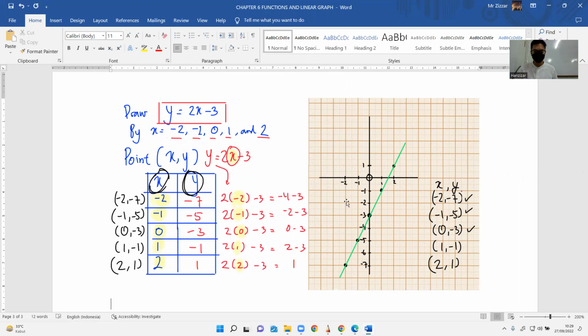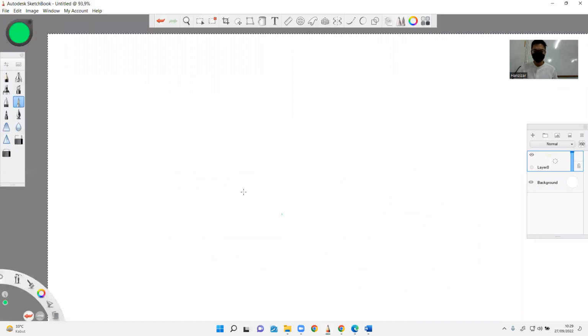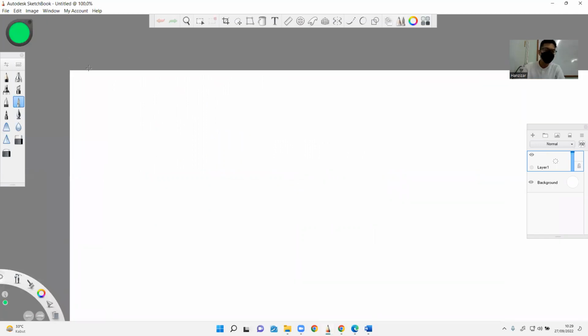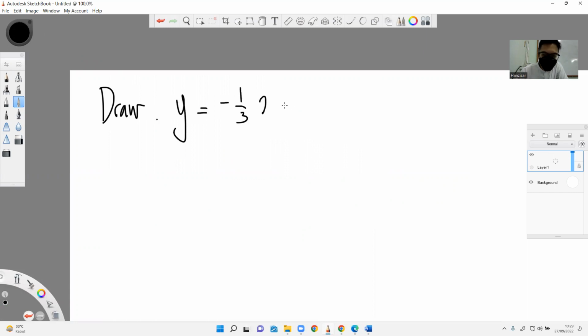Let's see another question. Okay, but before we do this, I will try to use the other understanding about this. So draw the line y equals negative 1 over 2x plus 1.